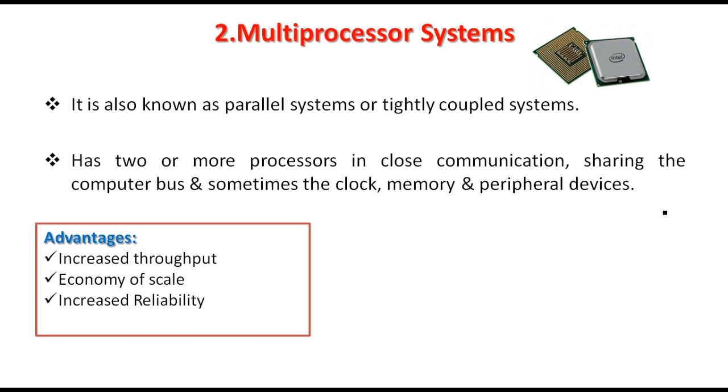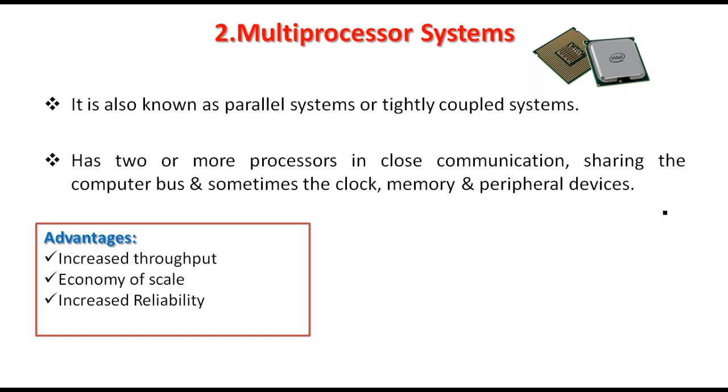In a multiprocessor we have n number of processors, and they can share common peripherals, common storage, memory and power. Hence we can reduce the cost of the operation. So therefore we have an economy of scale.